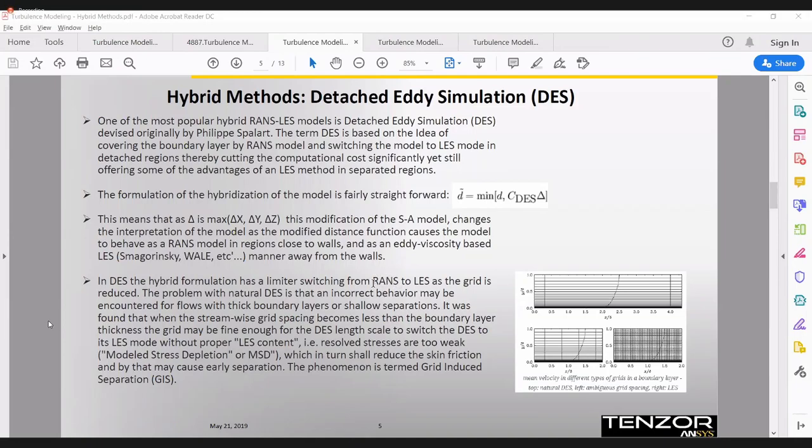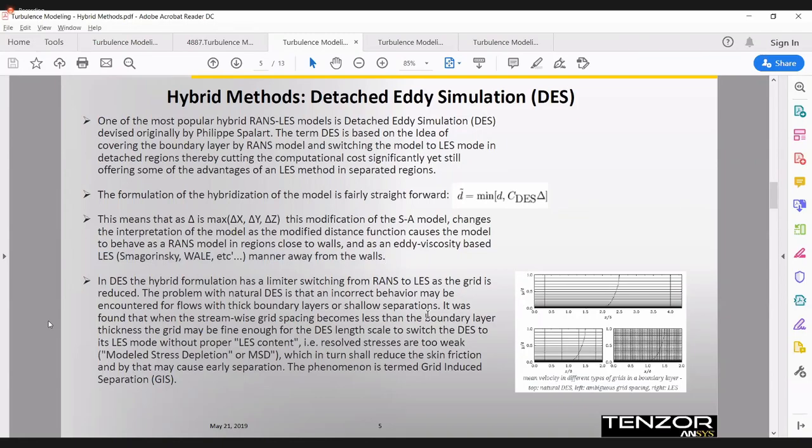About large eddy simulation, I really don't want to talk. There are problems with large eddy simulation, but they are known. The theory is much more solid. There are problems which are, of course, obvious, but when we talk about zonal methods, we still find the same problems.